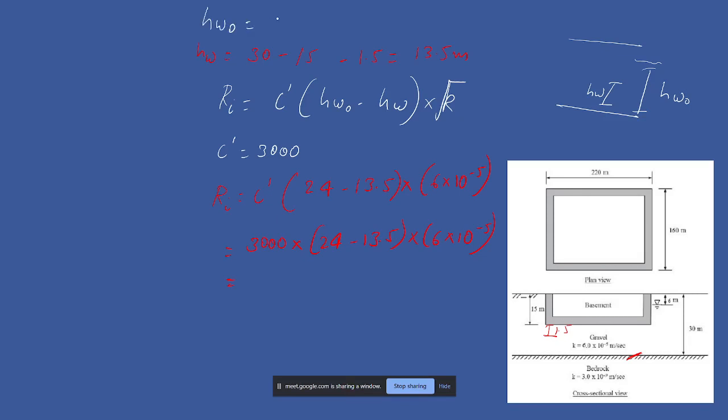It's 1.89, sir. How much? 1.89? One second. Actually, sorry, it's root K. Sir, value is coming 1.89. Yeah, I got it, but here it's root K. Yeah, that's okay. Let me write it in white ink once. Sorry, sir.